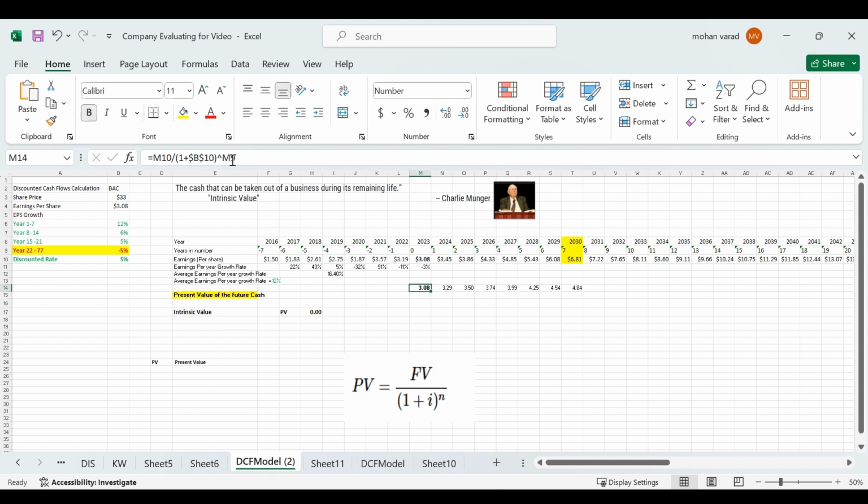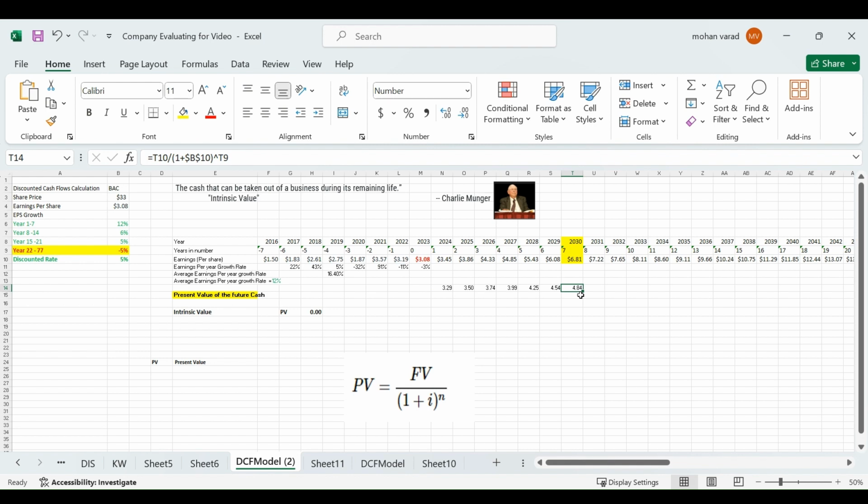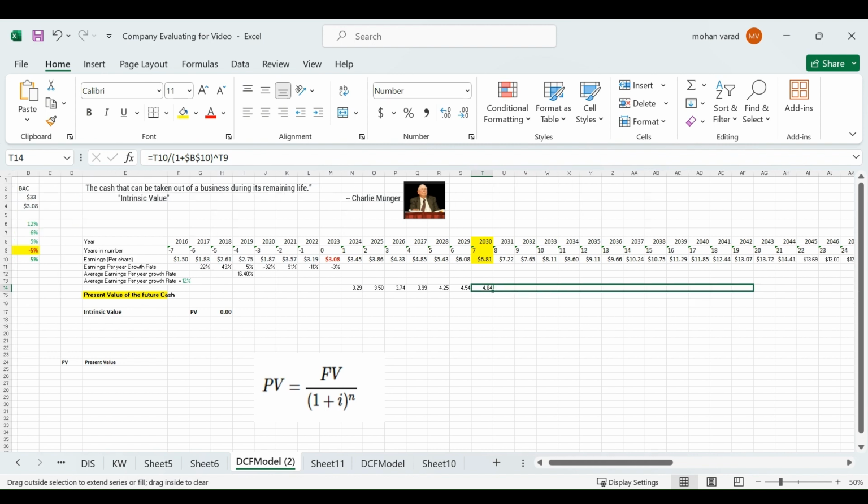Remember, this is today. The $3.08 today has a present value of $3.08. And then $3.45 next year is only worth a present value of $3.29. Now let me drag all of this across all the way up to 77 years.